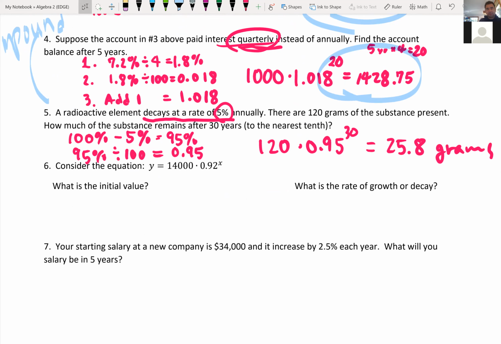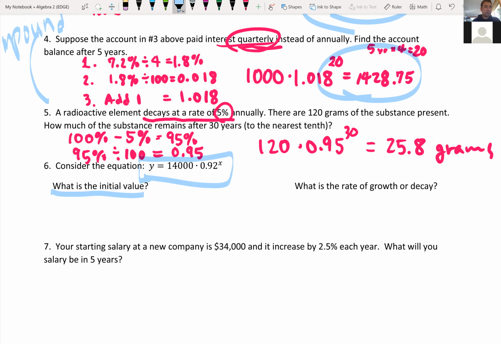Now, number 6, the equation is already given. And I may ask you a question like this, to interpret the equation. If you see the exponential growth equation, growth or decay, first you need to be able to tell what the initial value is.